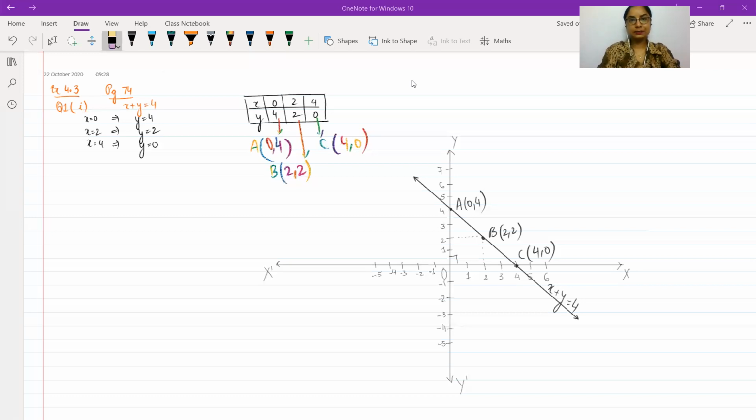Is it done? If you're drawing the graph side by side, let me know. Ma'am, it is done.